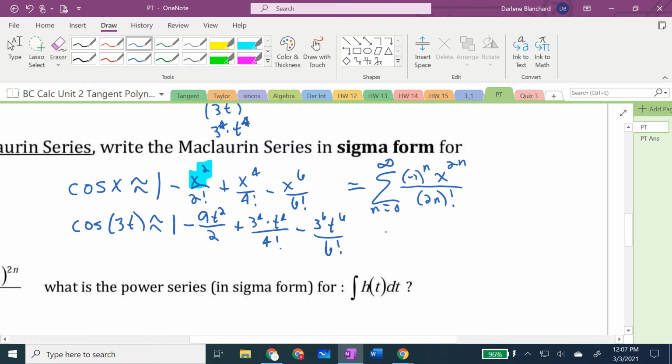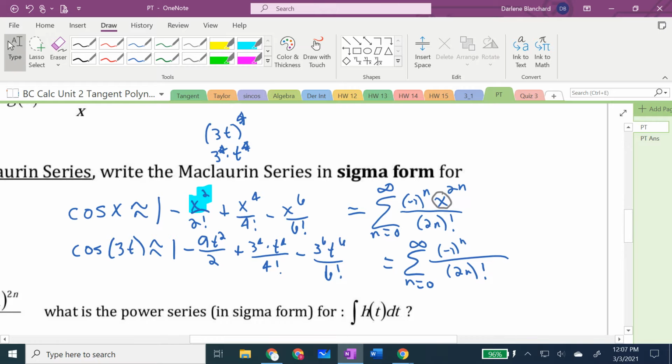And if you're in sigma, we're only substituting into this x. So when I'm substituting 3t in, I am going to distribute the exponent over the multiplication.